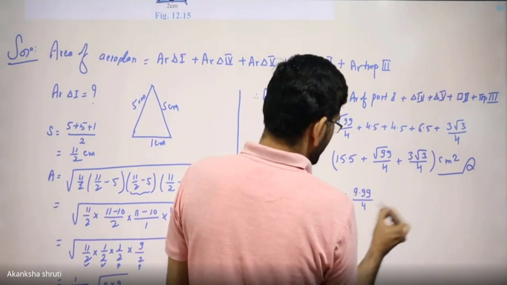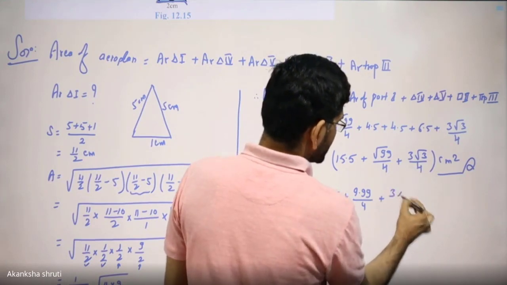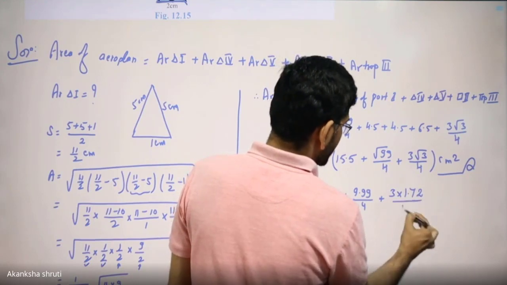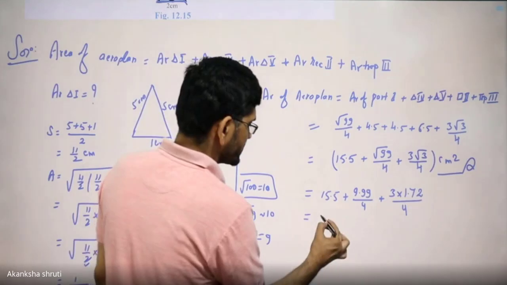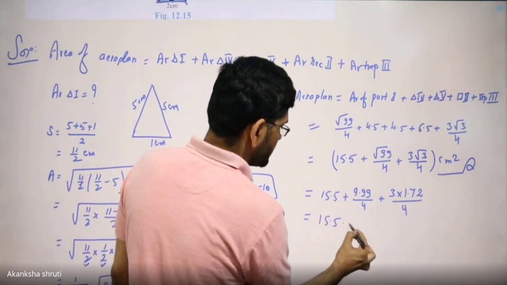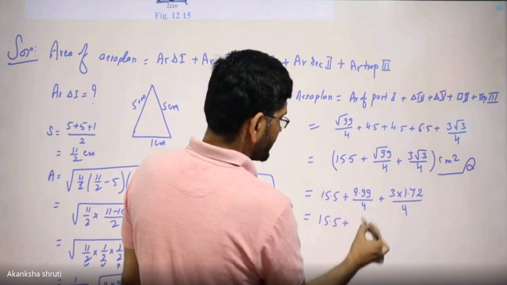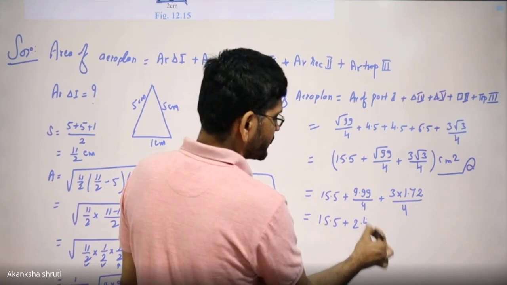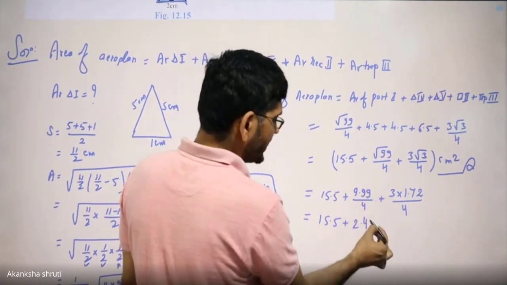Okay, by 4, plus it is 3 into 1.72 by 4, take it like that. Okay, student. So we need to simplify this. 15.5 plus, 9 and 4: 4 2s are 8, it becomes 19. 4 4s are 16, and then 3, so 39.